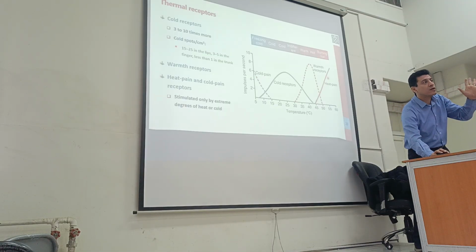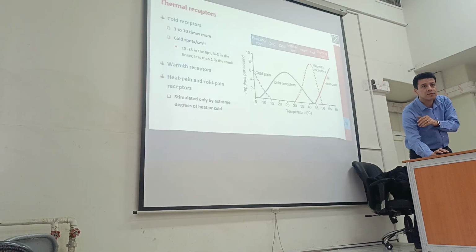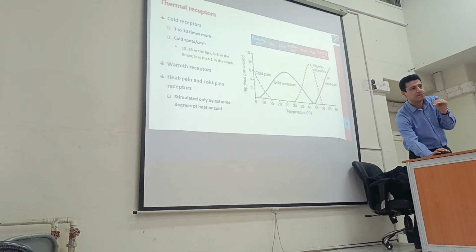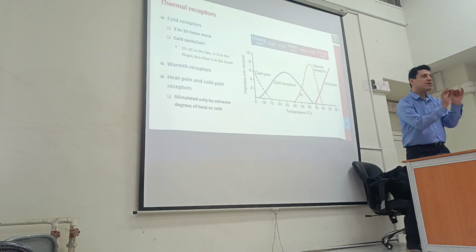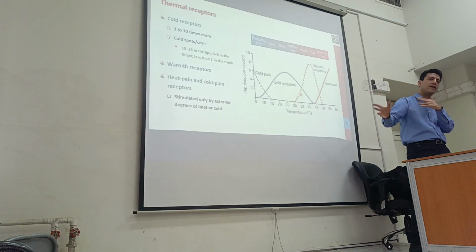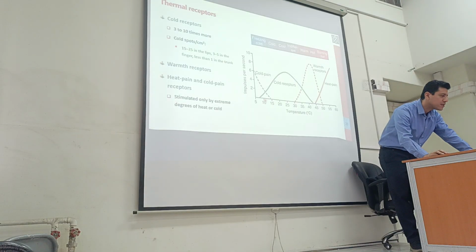Other receptors are still inactive, right? So we feel less cold pain, right? So when we increase temperature and we reach about 10 degrees Celsius, what happens? Cold pain receptors are only minimally active. So they may send only 2 action potentials instead of 6 action potentials.